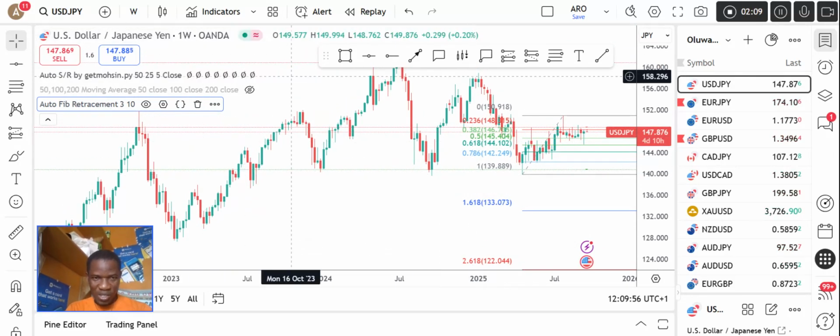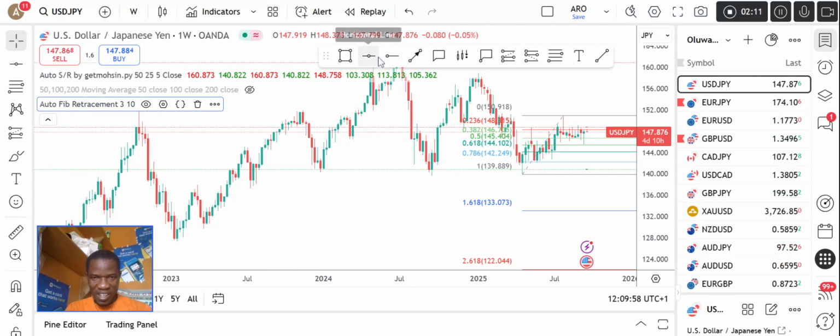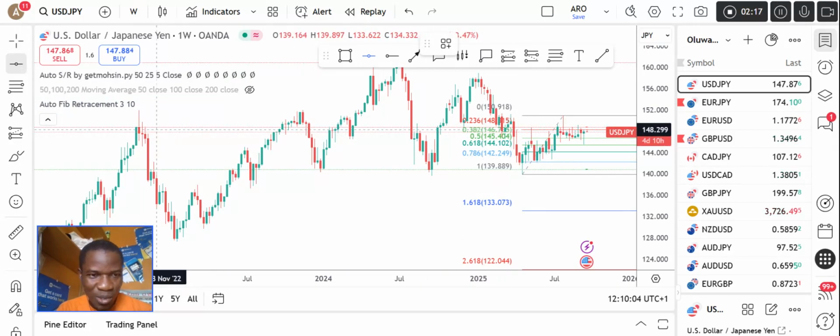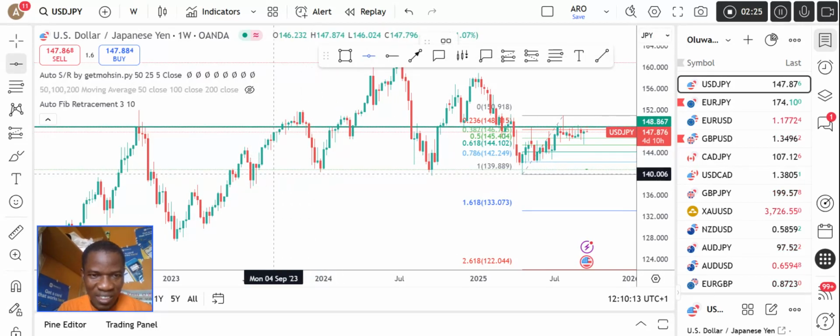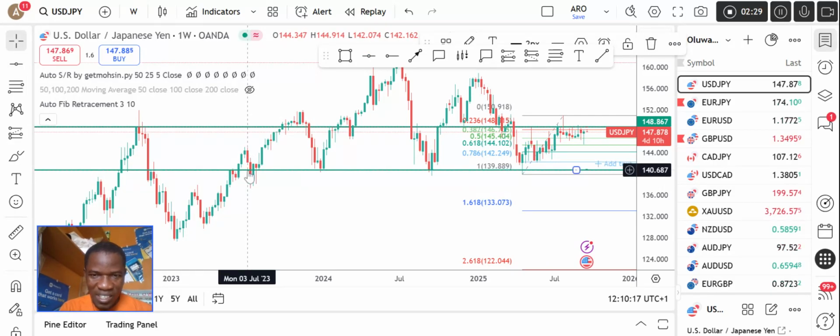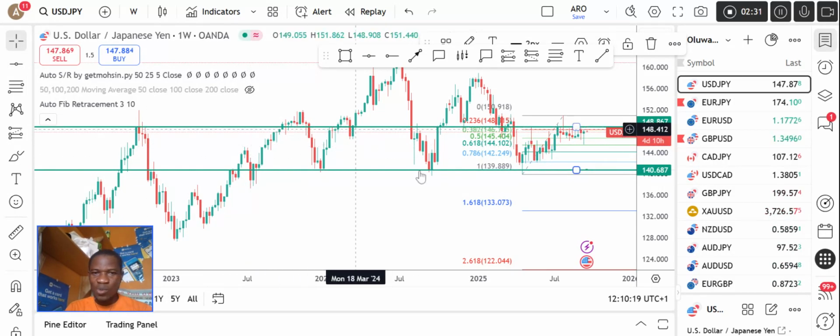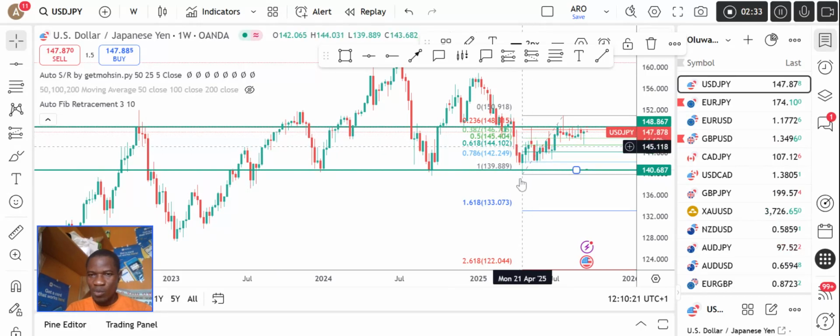But as you can see, this particular market is ranging from this level here to this area. That's where the market has been moving for some time now, in between this particular range.